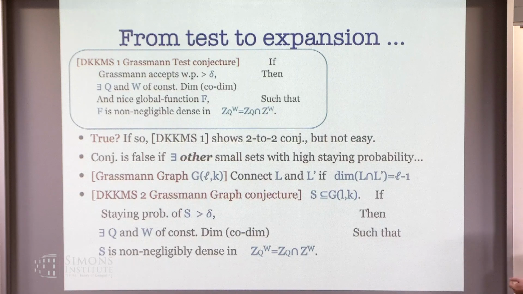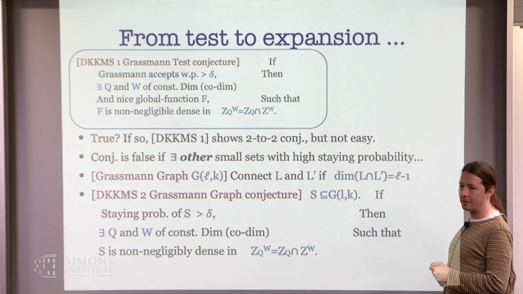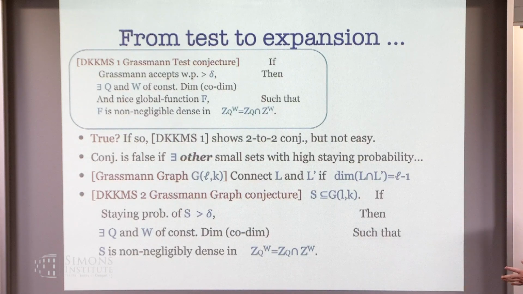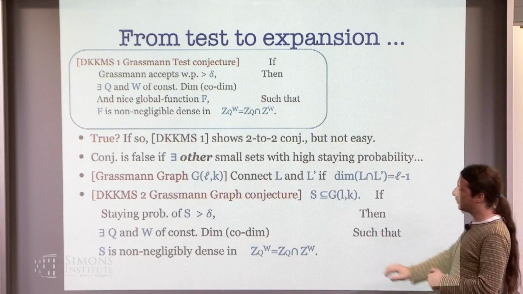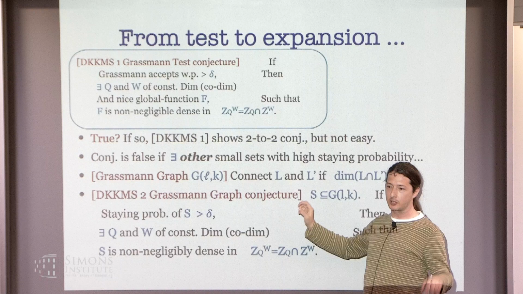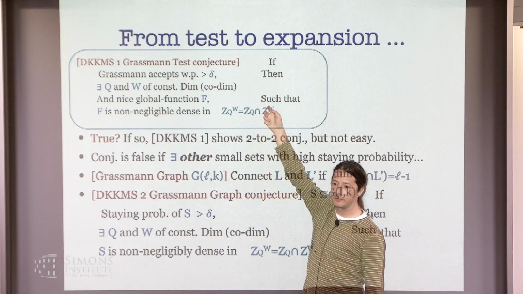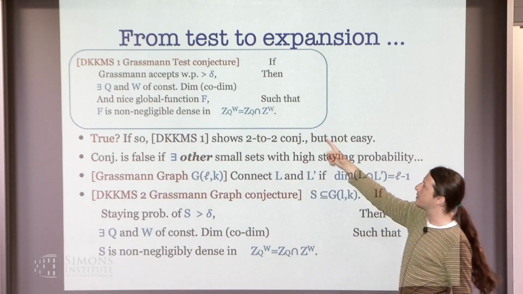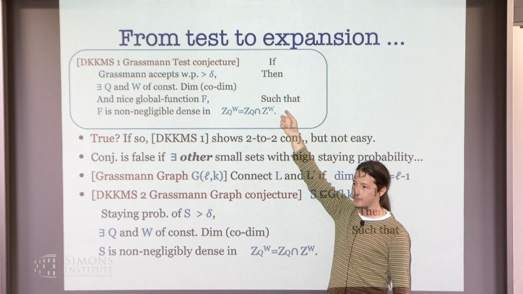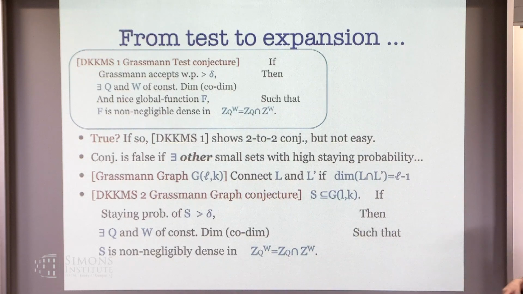But Barak, Kothari and Steurer noted that there's maybe a 3-line proof that shows that if you have this structured expansion property of the graph, then you also have that the test actually works in the sense that is written here. And therefore, we have the 2-2-2 conjecture.